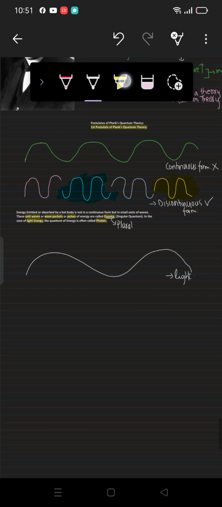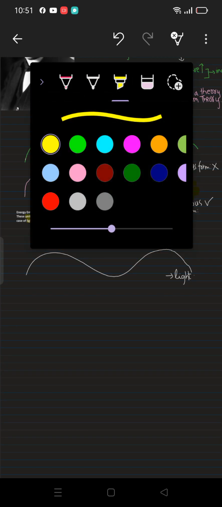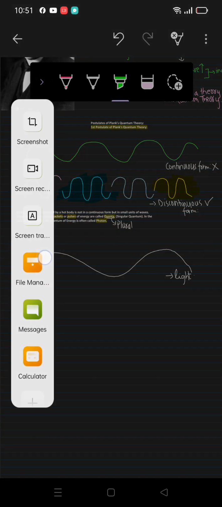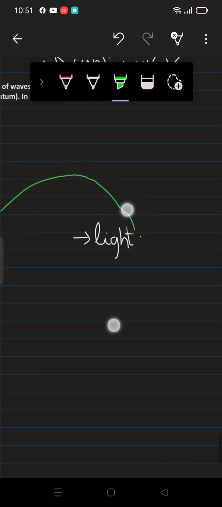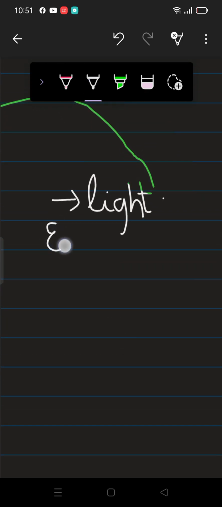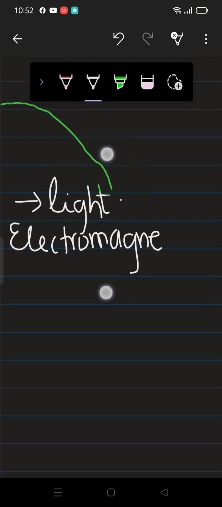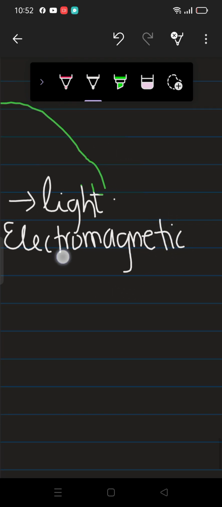Let me highlight this with the green one so that it looks good. So he said, basically, we all know light is an electromagnetic wave. Light is nothing but an electromagnetic wave.